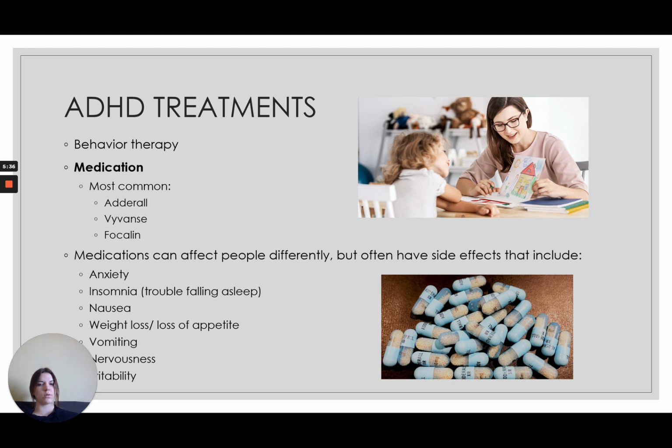So, ADHD treatments, the medication treatment, it's not much better than not being treated, because you're going to be feeling all of these side effects, and whether you take your medicine or not, you're going to be not fitting in.